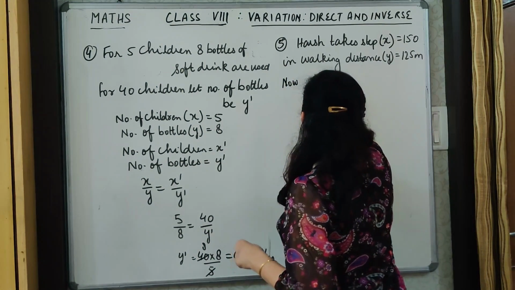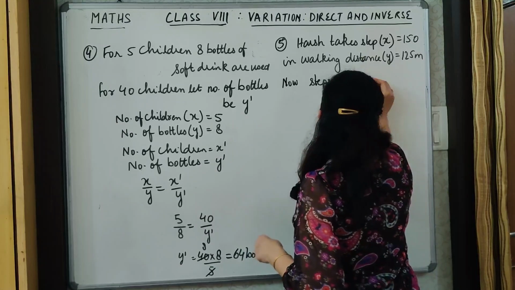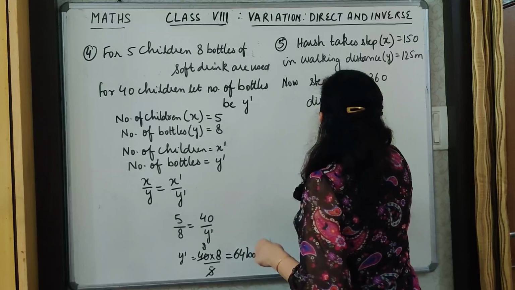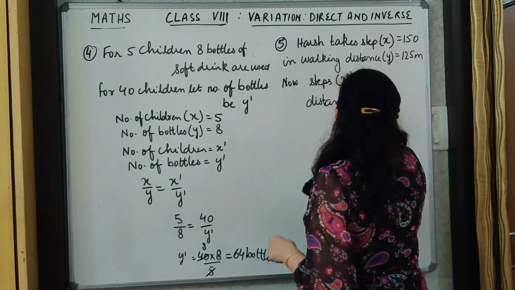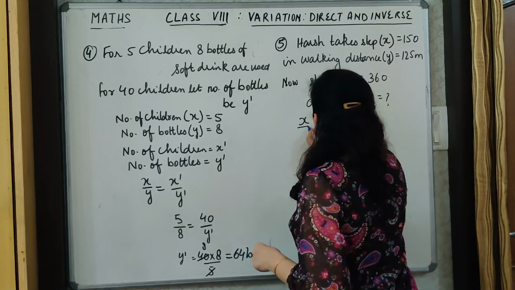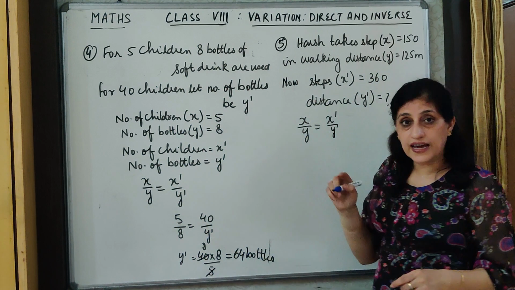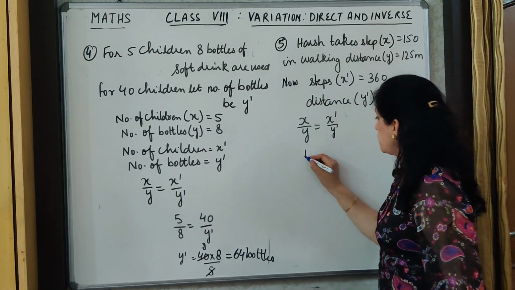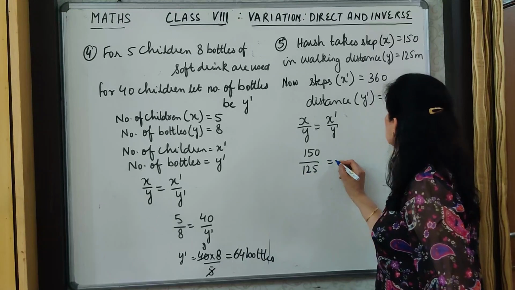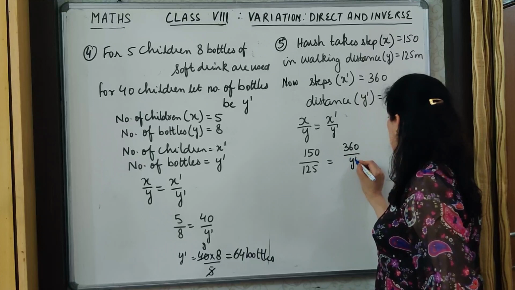Now, steps, which will be x dash, is equal to 360. So distance, which will be y dash, we have to find. Using the same formula, x upon y is equal to x dash upon y dash. We will put x as 150 upon 125 is equal to 360 upon y dash.